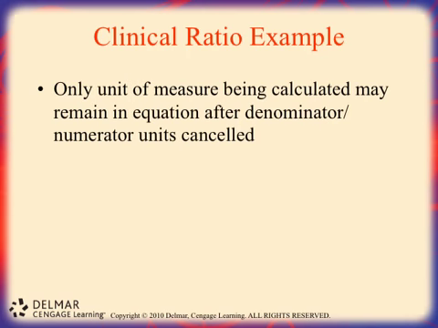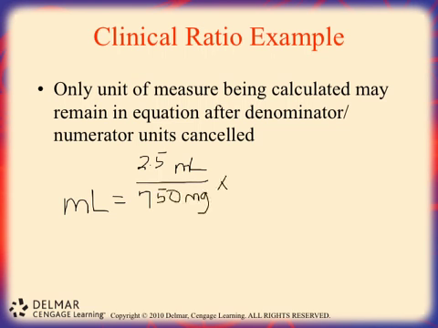Only the unit of measure being calculated may remain in the equation after the denominator and numerator units are canceled. This will probably be on the next slide, but let's look at it. We started out with milliliters equals. That meant we had to have milliliters in our numerator. And we started with what we had available. So we had 2.5 milliliters, and in 2.5 milliliters, we had 750 milligrams.